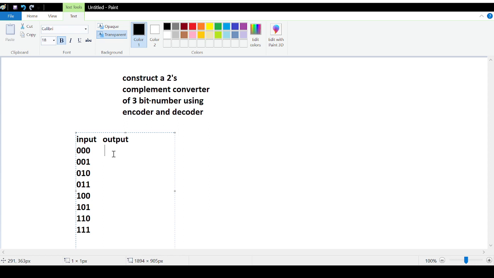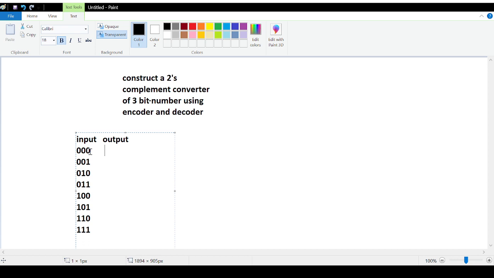Guys, what's the 2's complement for 000? How do we convert to 2's complement?